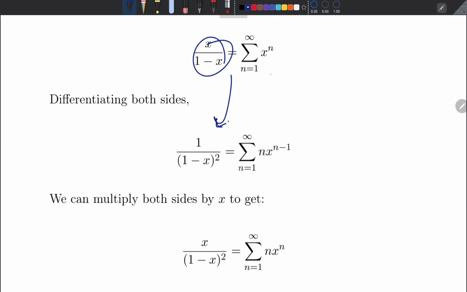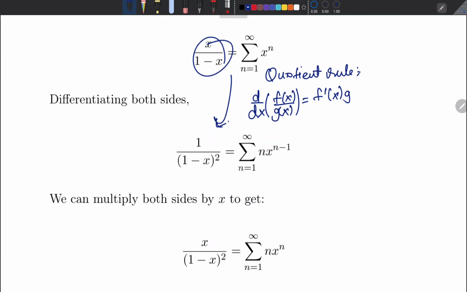So we know the quotient rule, don't we? The quotient rule of derivatives says how to differentiate two functions which are in a ratio of each other. Basically, it's the derivative of the numerator times the denominator as it is, minus the numerator as it is times the derivative of the denominator, over the denominator as it is, whole squared.